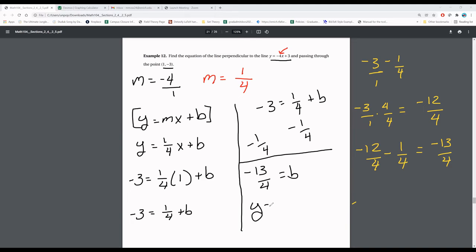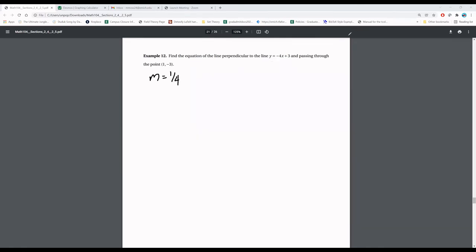So my equation is y equals 1 over 4 x minus 13 over 4. Now, for the sake of interest, let's see that point-slope actually does give us the same thing. Here's point-slope: y minus y1 is m times x minus x1.